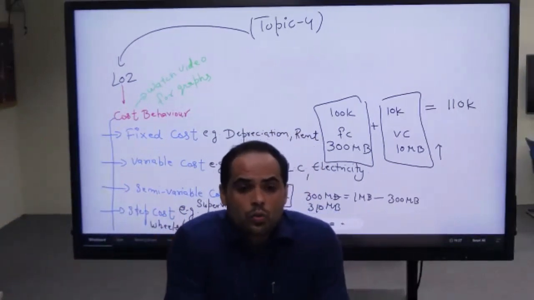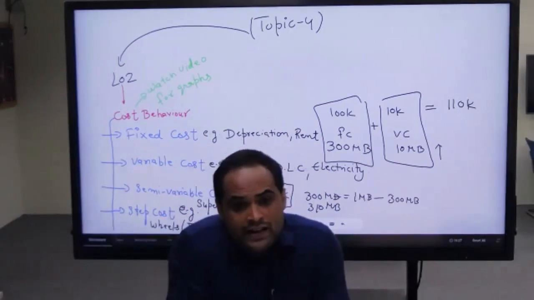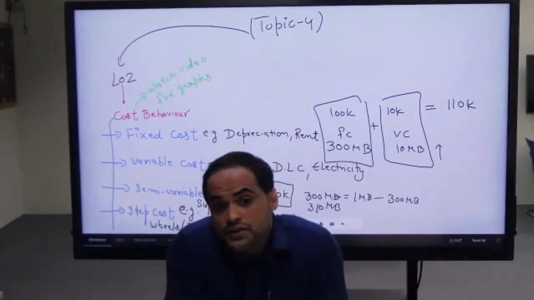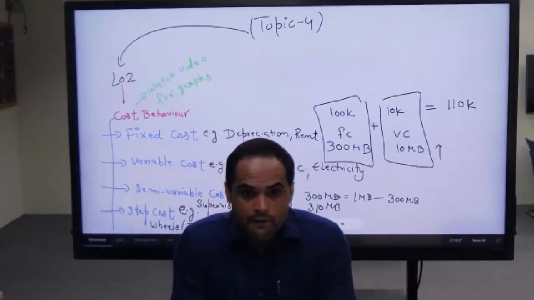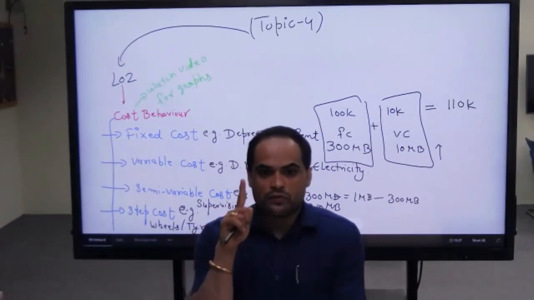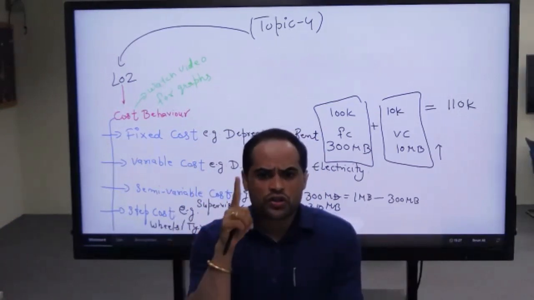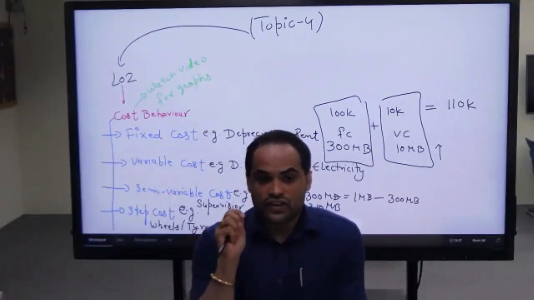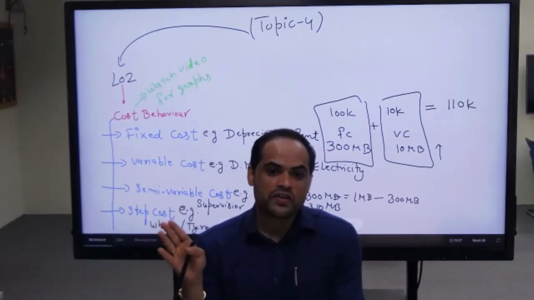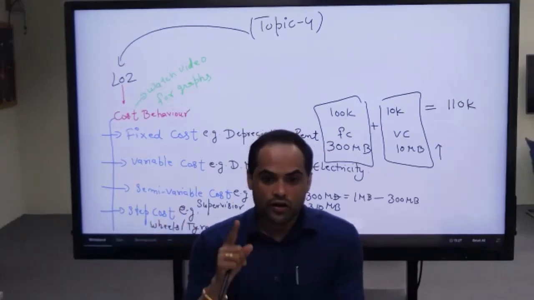So let's say one supervisor can supervise 15 workers. In our factory we have 15 workers, so the cost of supervision is just one supervisor. Let's say we pay $1,000 to one supervisor. So for 15 workers, the cost of supervision is $1,000, which is for one supervisor.